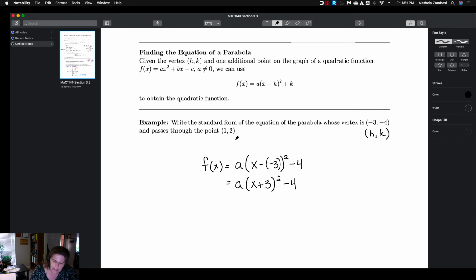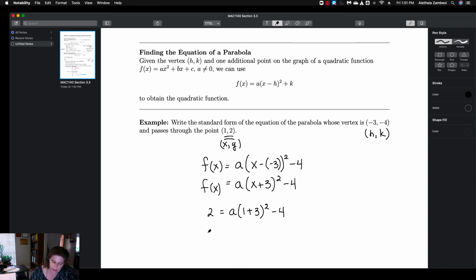And what we are left with is we have not found this a term. So I do have a point that's on this equation though, or on this function, so I can plug that in for x and y. So this would be my x and my y. And plugging that in, I get 2 is equal to a times 1 plus 3 squared minus 4.